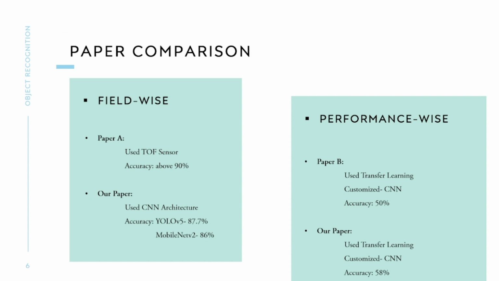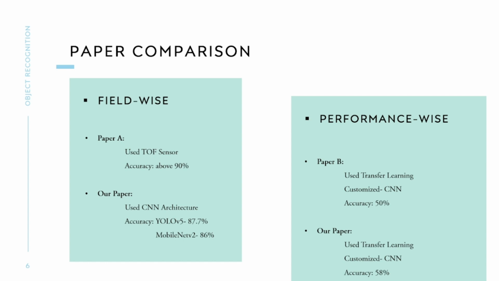After that, we have selected 2 papers which we compare with our own research paper based on field-wise and performance-wise comparison. In one paper they used the time of flight TOF sensor for identifying objects on a conveyor belt and got an accuracy rate of 90%. In our research paper, we mainly used CNN architectures for identifying the object on the conveyor belt and we are getting an accuracy rate of 87.7% for YOLO version 5 and 86% for MobileNet version 2.